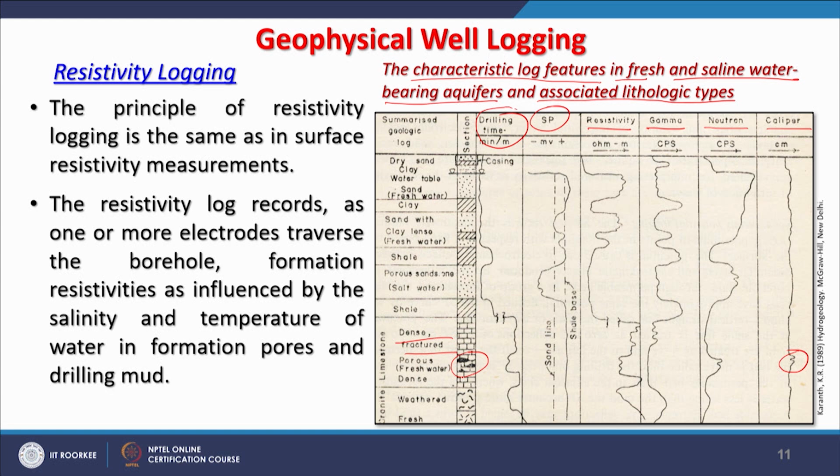Formation resistivity is influenced by the salinity and temperature of the water in the formation pores and the drilling mud, because while drilling, the drilling mud has also gone in. That has to be kept in mind whenever we are getting all these logs, since the drilling mud will also influence our signals to some extent. Some types of logs would be more influenced by the drilling mud, some may not be.